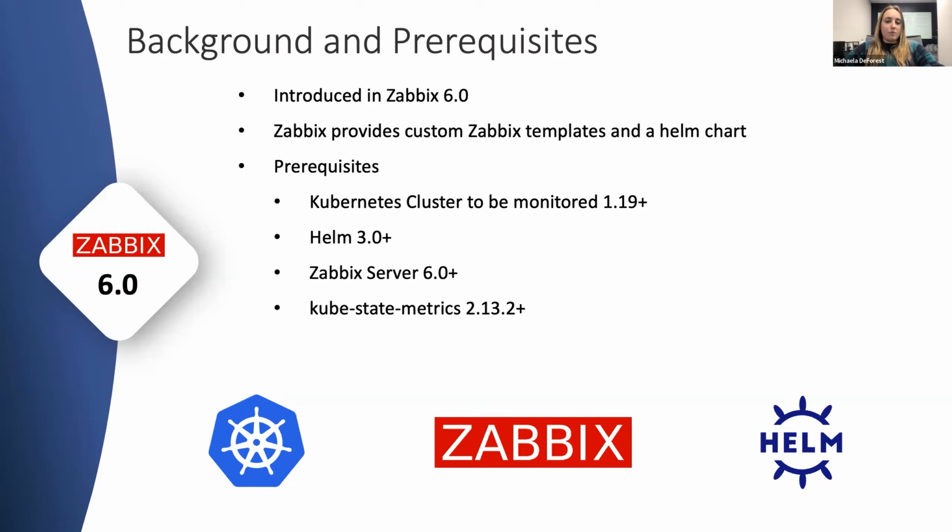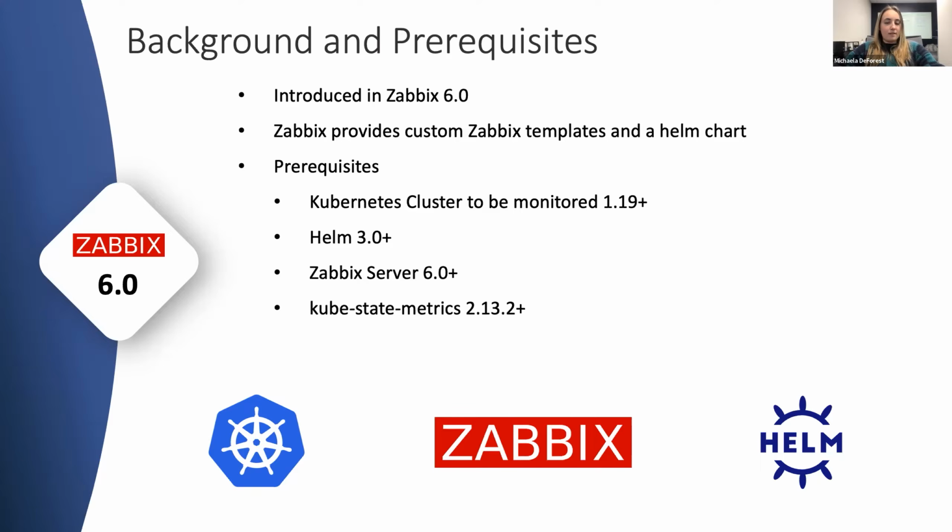Helm, if you don't know, is a package manager for Kubernetes that makes it easy to combine multiple Kubernetes objects and make them repeatable across multiple deployments. With Helm, you can deploy an application with one command. Helm will be used to deploy the Zabbix agent Helm chart, which is maintained by Zabbix.